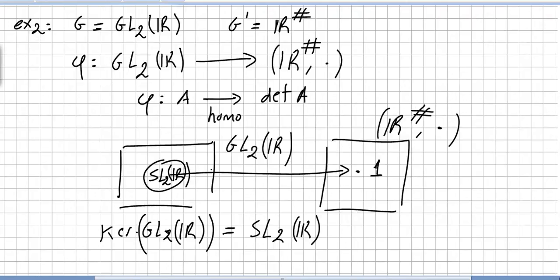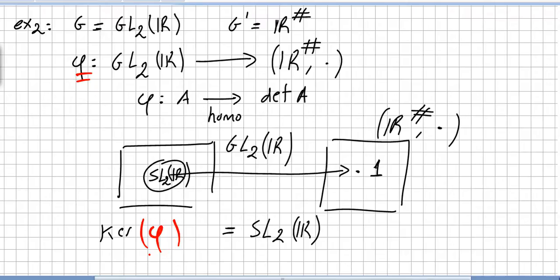Oh, let me go back here. I made a mistake here. The kernel is not the kernel of the group. The kernel is of the homomorphism, so the kernel of phi.